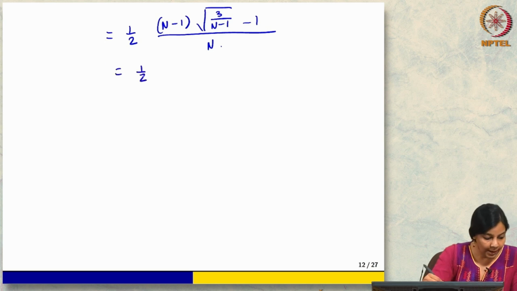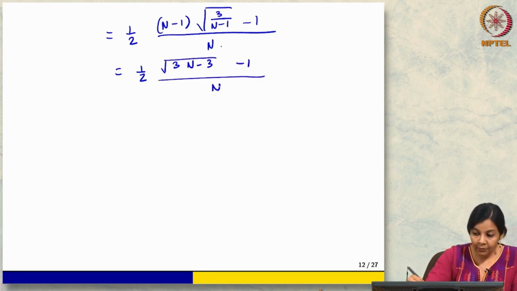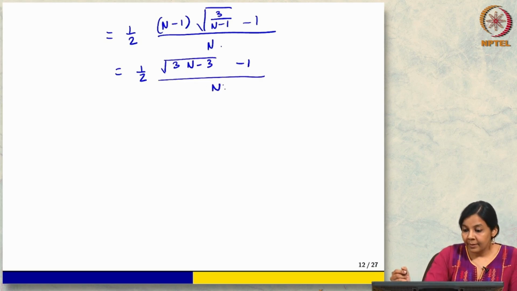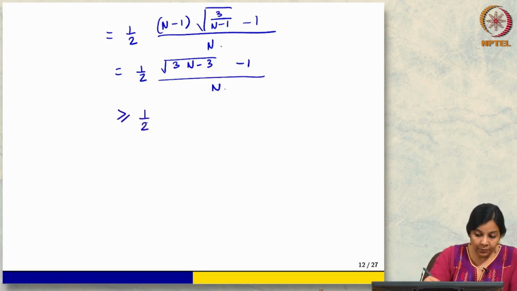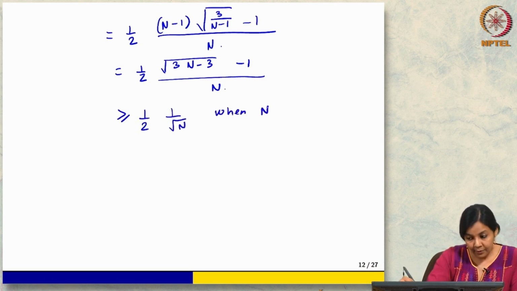So this will be half square root 3n minus 3 minus 1 the whole over n. Is it fine? So this n minus 1 will cancel and you will get one n minus 1 inside the square root. And this is going to be equal to half 1 over square root n when n is greater than equal to 4.